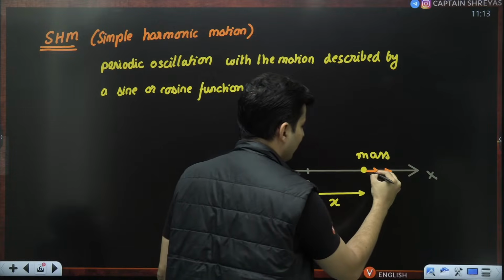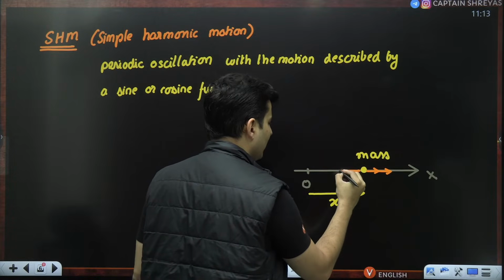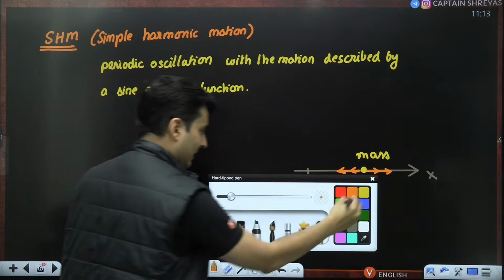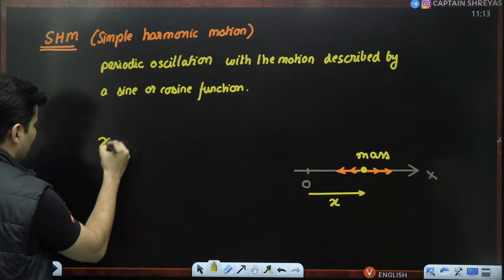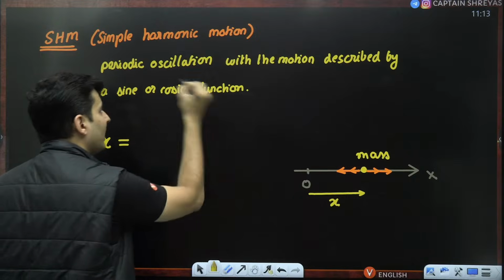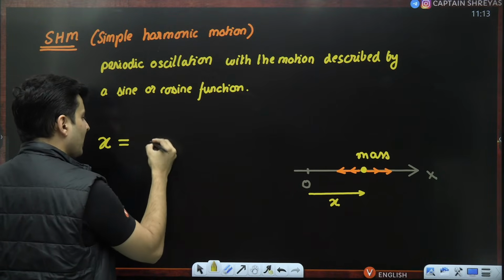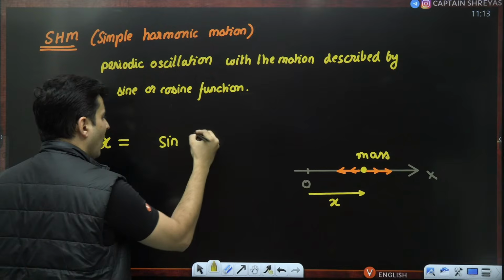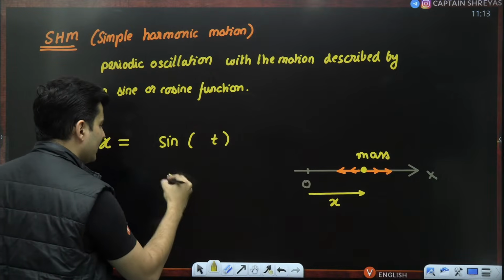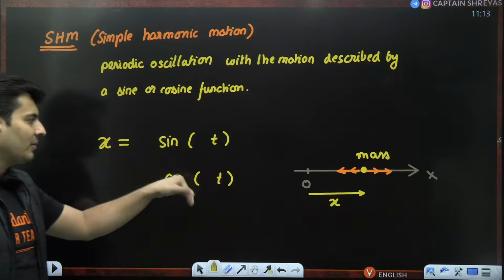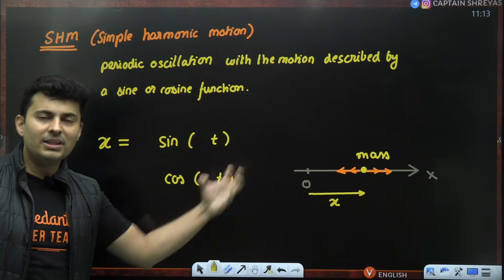It will keep definitely moving here and there, maybe like this, like this, like this. So this x should be a function. Which function? Sine or cos. So it could be some sine of t, or basically some cos of t.